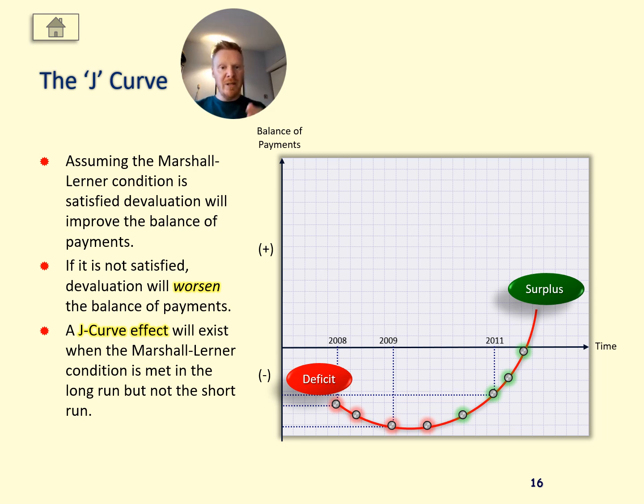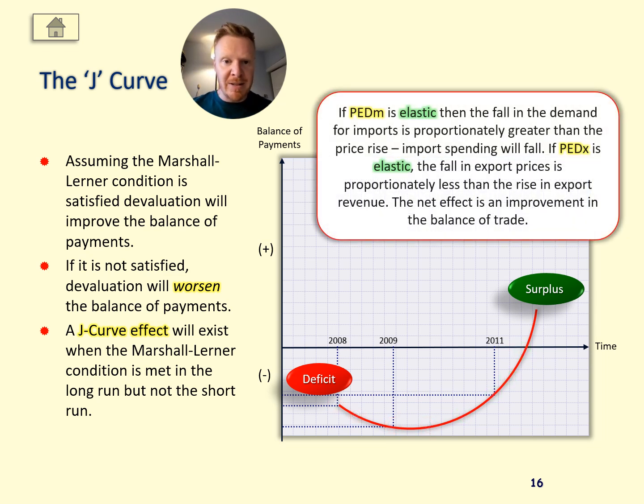So we devalue, and because people are stuck in contracts and that sort of thing, the price elasticity of demand for imports and exports is inelastic. So it drives us further into deficit. But over time, as people realize what's going on, they get out of contracts, they switch their expenditure, we move into surplus.